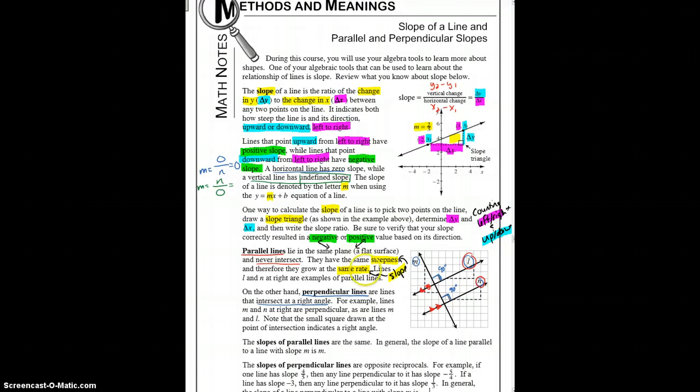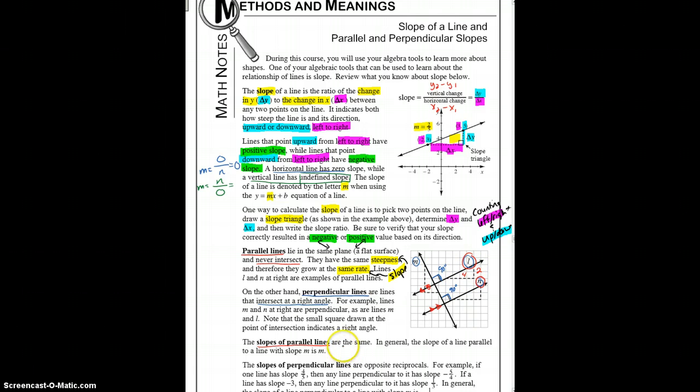Now, earlier I mentioned that steepness and same rate means slope, so the slopes of parallel lines are the same. It's being defined for us again. That means when I'm done counting or figuring out what the slope is, I should have the same fraction. So for instance, the slope here of line L is 1, 2, 3, 4 movement left or right, and 2 movement up.